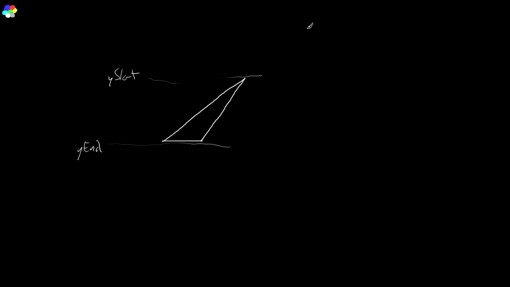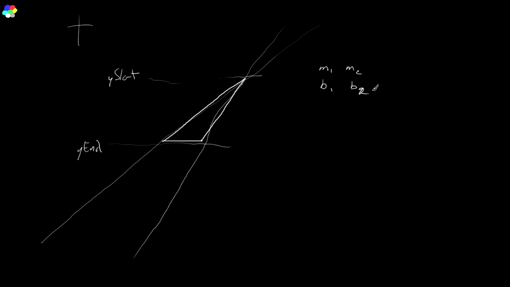And so what we want is the start Y and the end Y, Y start, Y end. And also, let's say that this is the origin. We're going to have the parameters to define the equations of the lines of the two sides. So here's one side, here's another side. In order to define these sides, we're going to need slope, so M1, M2, and y-intercept B1, B2, because that's how I learned it in grade 9 or whatever math.